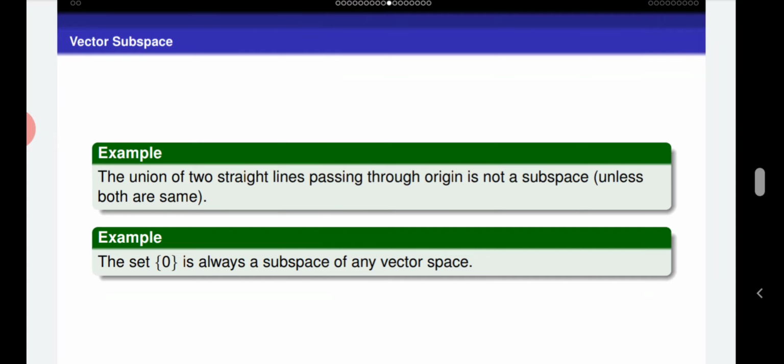Last example on vector subspaces: the set {0} is always a subspace of any vector space. So these are the introduction, definitions and examples on vector spaces and vector subspaces with real and complex fields.